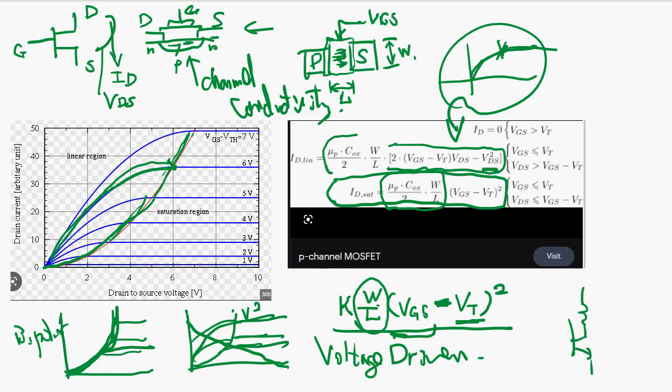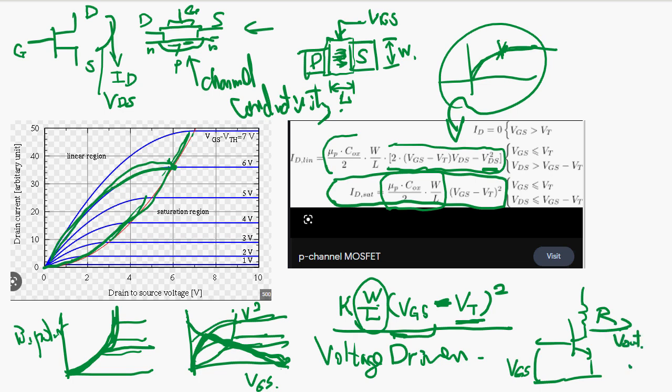Okay, so if you draw the load line just like an NMOS gate, then it operates between here and here, depending on the VGS. There's an amplification of the voltage, because this is VGS, and this is going to be Vout.